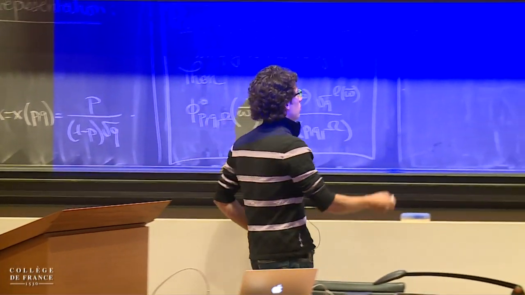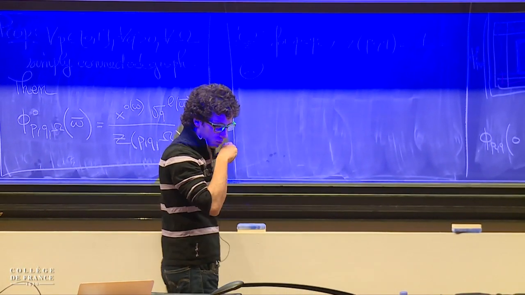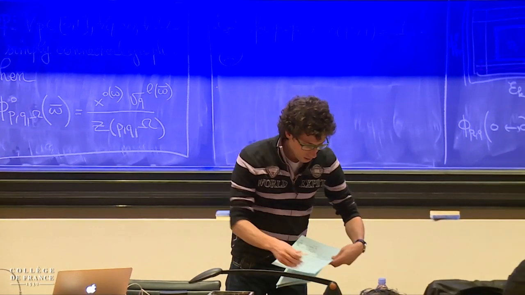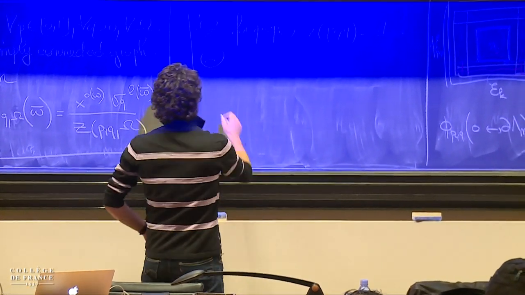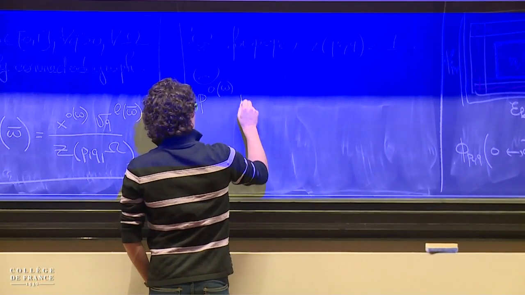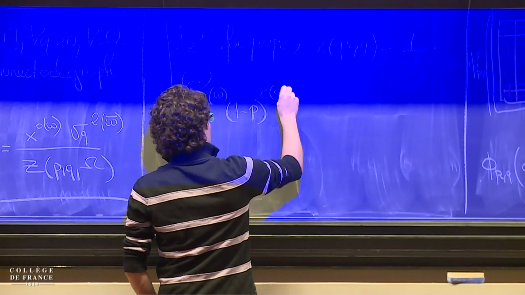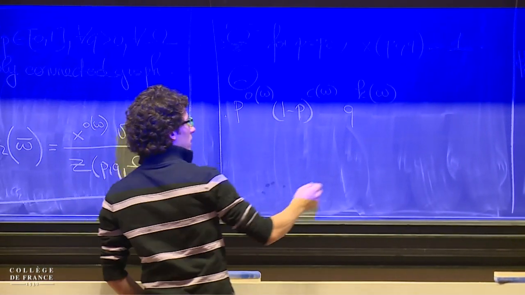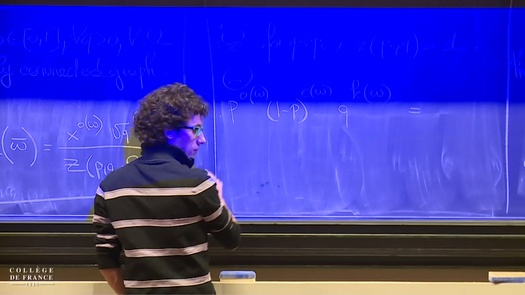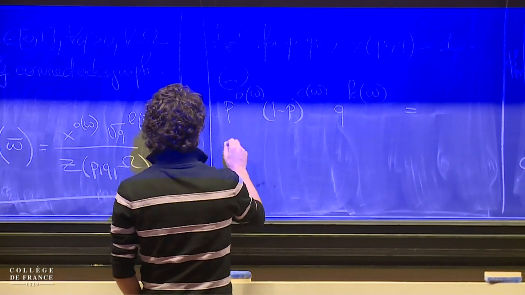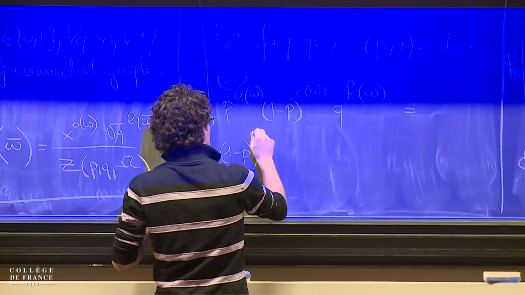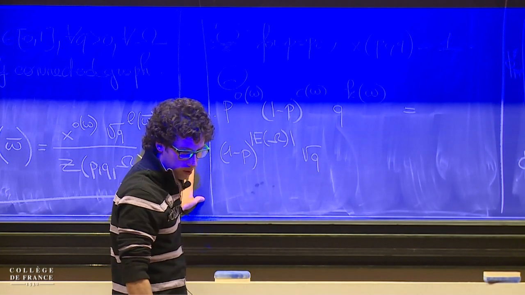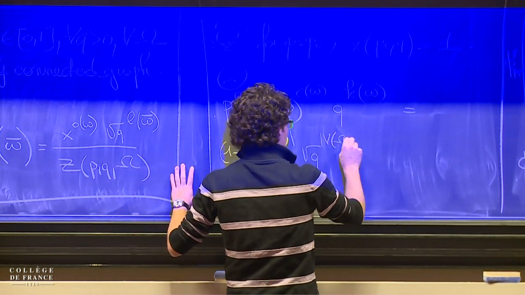Let me tell you a little bit about the proof. It's in fact very simple, once again. If I look at p to the number of open edges, 1 minus p to the number of closed edges, q to the number of clusters, I can rewrite this as 1 minus p to the number of edges in omega, square root of q to the number of vertices in omega.